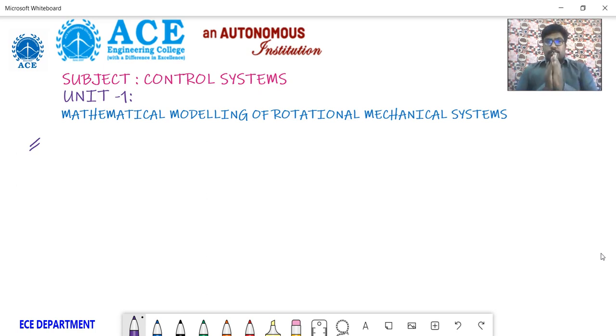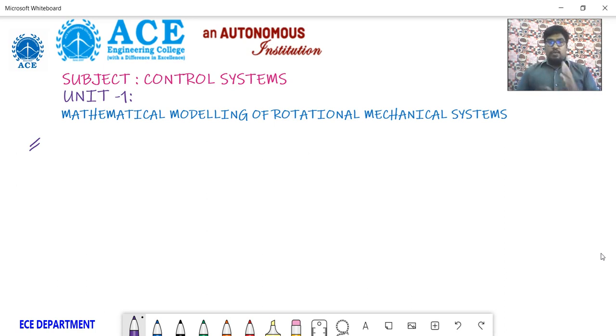Rotational mechanical systems are similar to translational mechanical systems, except for the variables we are using. What are the variables we use there? Displacement, velocity, and acceleration, here in angular quantities.